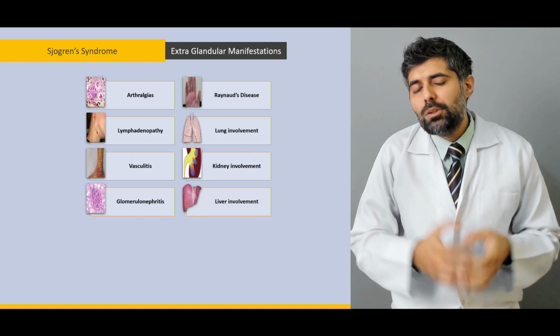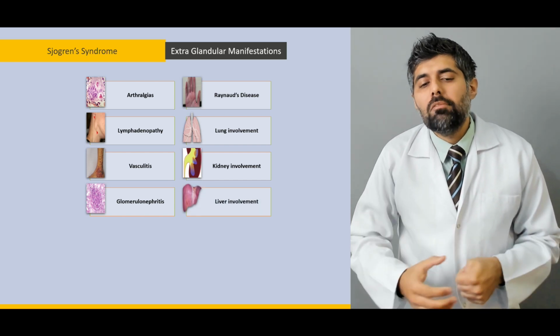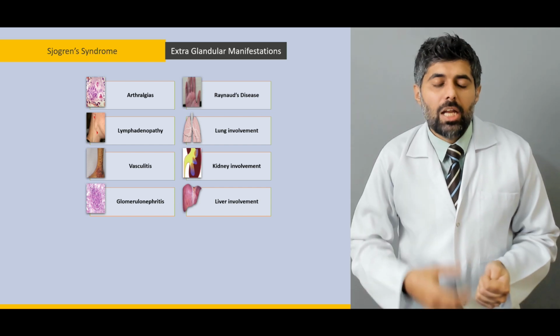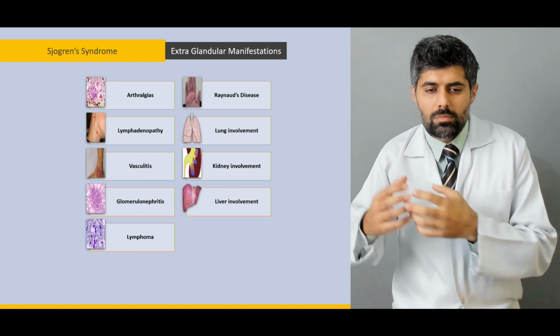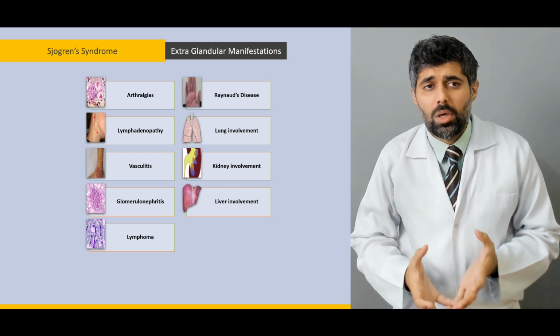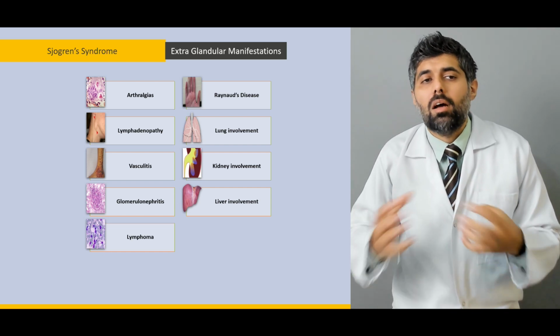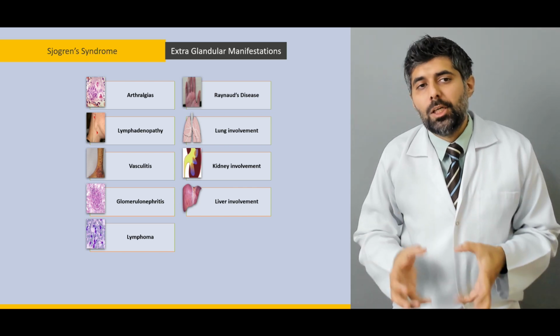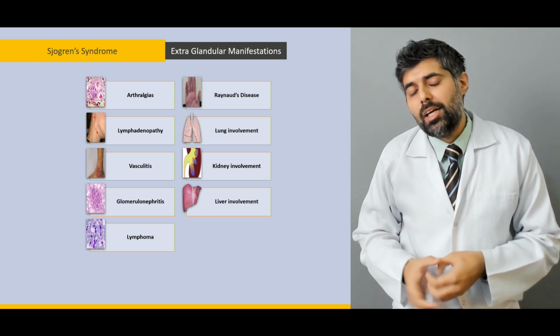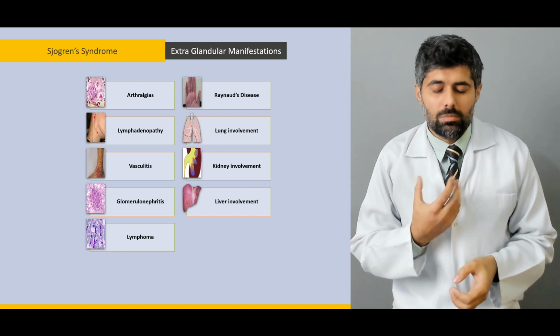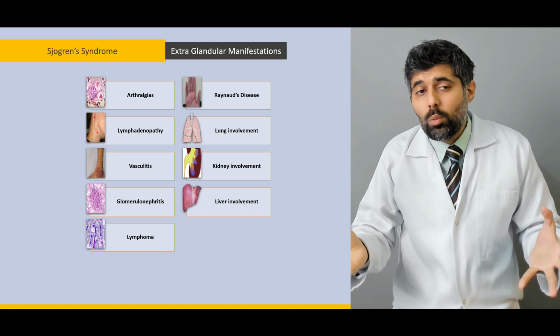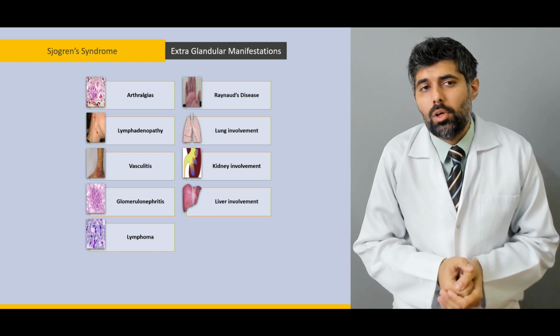Now, sometimes Sjogren syndrome can even affect the liver, and the involvement can be seen as lymphomas forming in and around the lymphatic tissue. Now, this lymphatic tissue is particularly found in the pharyngeal cavity along with the tonsils and the adenoids.